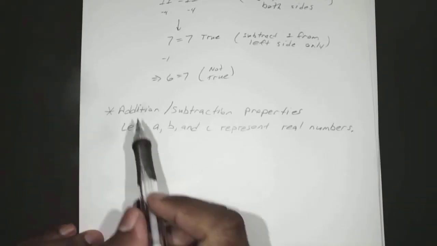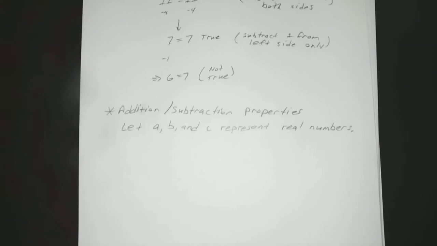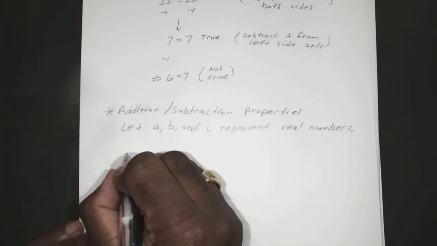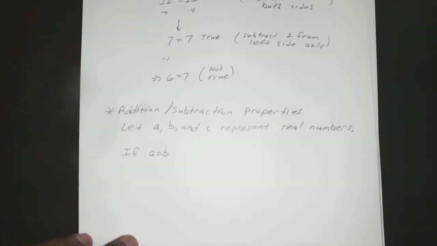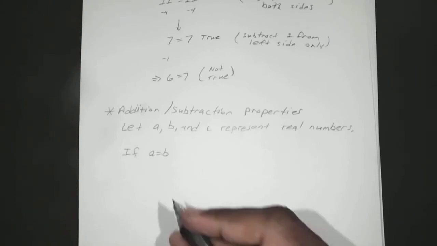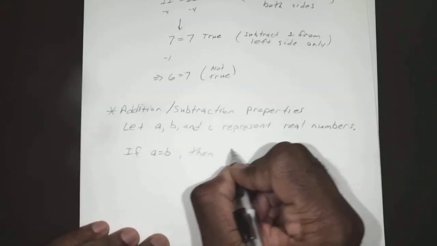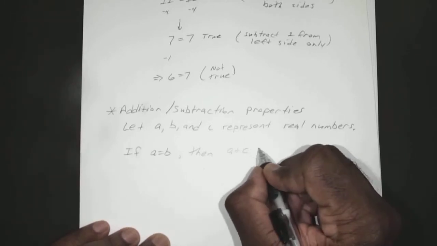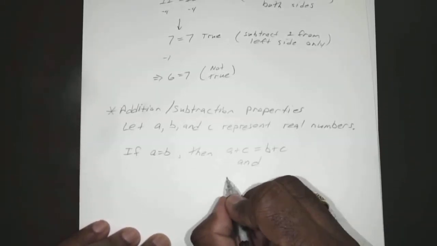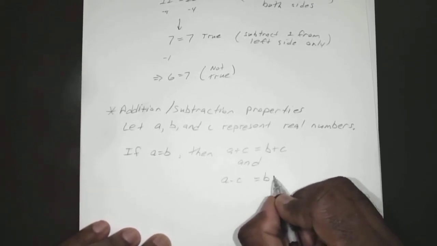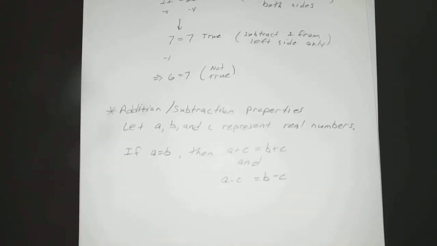So if we start off with whatever A is equaling whatever B is, then as long as we add whatever C is to both sides, it will still be true. So A plus C is B plus C, and A minus C is equal to B minus C, because we did the same thing to both sides. We started off with something that was equal, and we just kept doing the same thing to both sides.